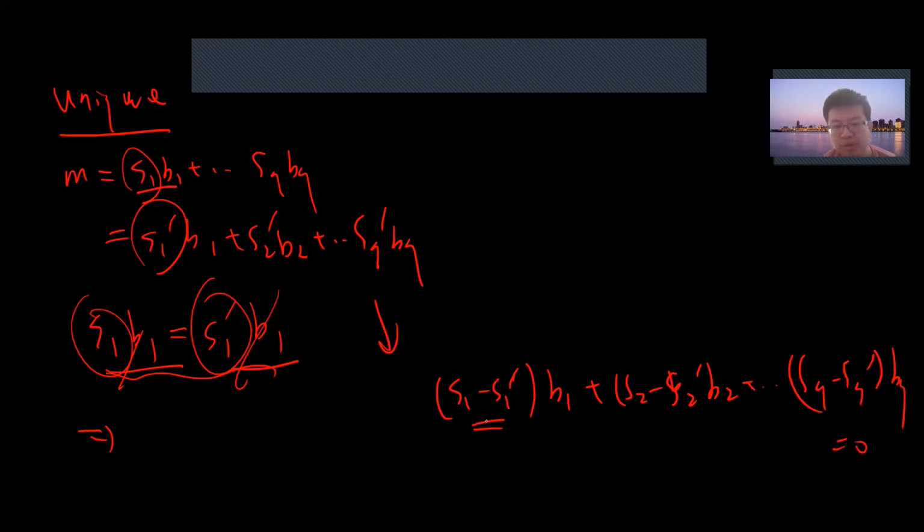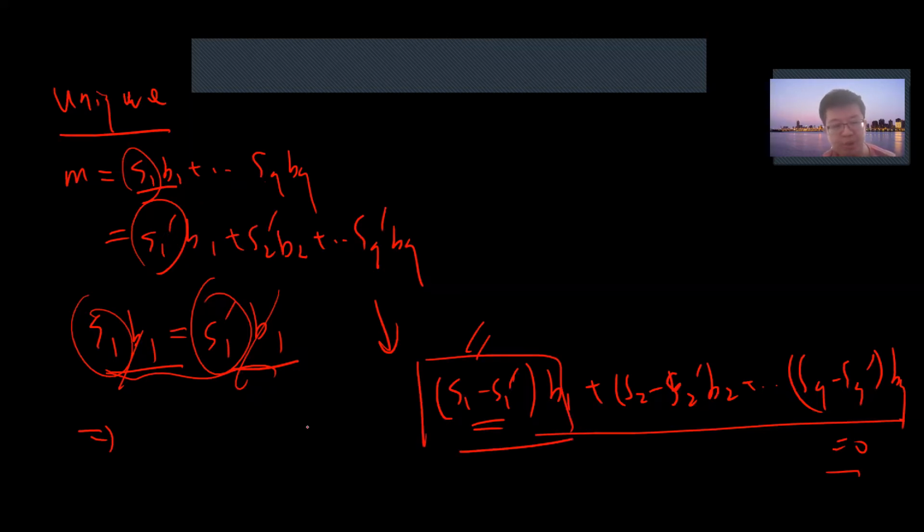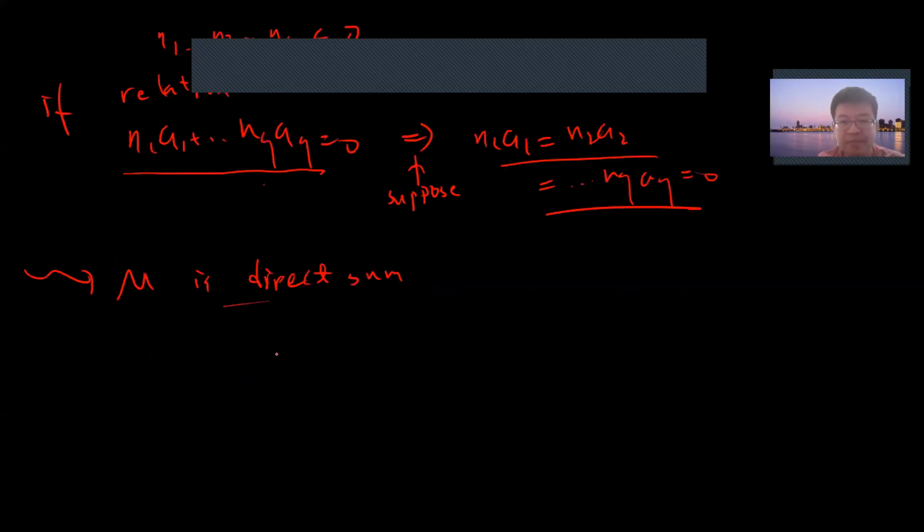By your assumption, if any relation gives you this, you can imply that the coefficients are the same, that each term is 0, and then definitely you will have this. So this implies that M is the direct sum of A1, A2 up to AQ, and basically you're done, because each Mi is just a cyclic module.